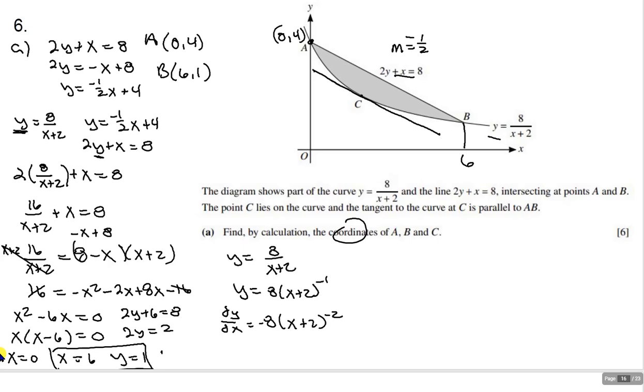Okay? Now, they've told us that the x value we're looking for is where the slope is the same as the parallel line. So I've got to make this equal to negative 1/2. In this case, I'm not finding a slope. They're giving me a slope.